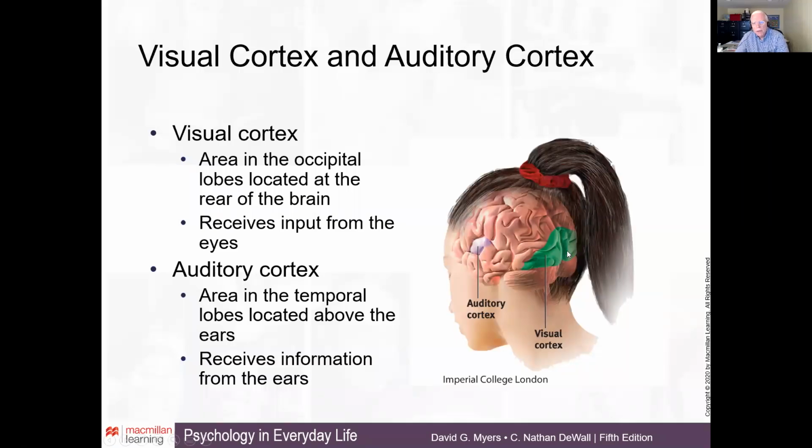The visual cortex in the occipital lobe is the area of our brain that allows us to experience vision, and the auditory cortex in the temporal lobe allows us to experience hearing.